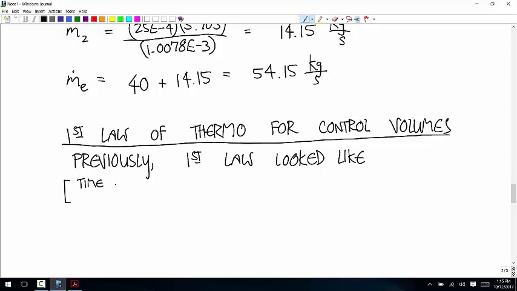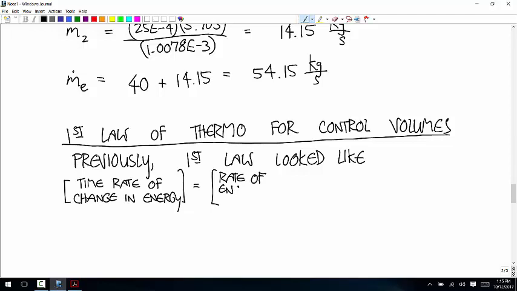the time rate of change in energy is equal to the rate of energy added through heat minus the rate of energy lost through work.